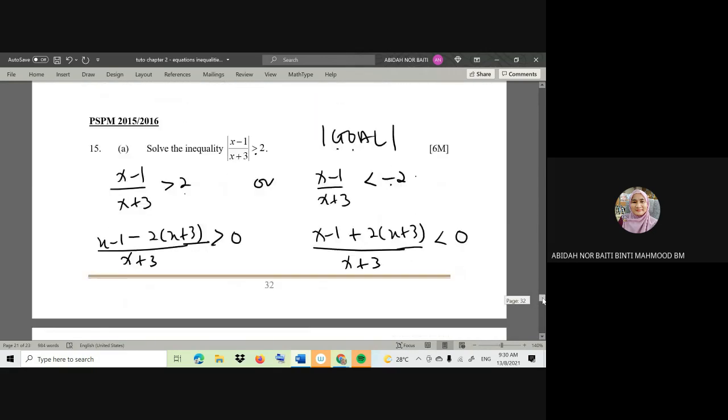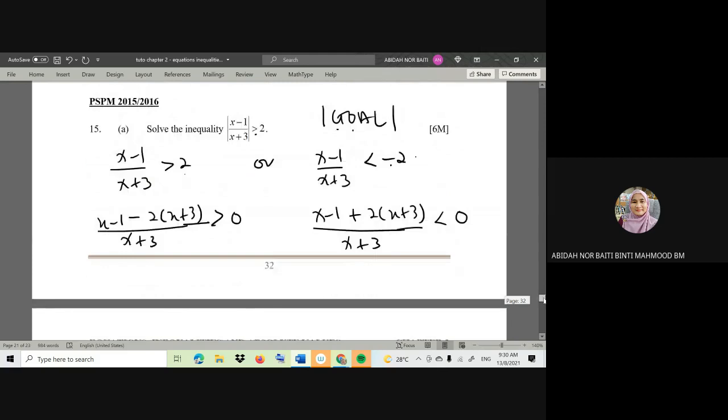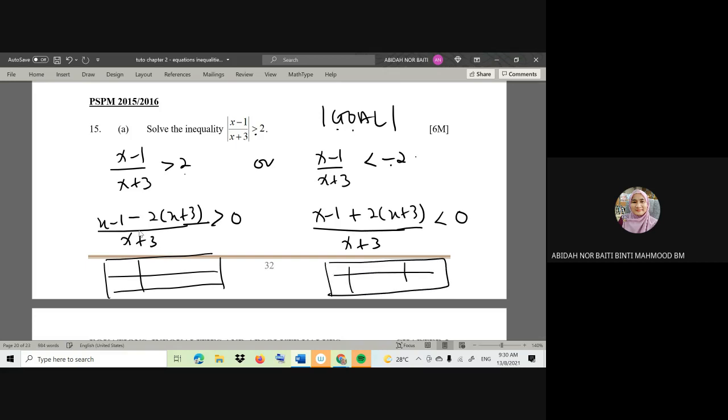Or kan, kalau or, fine. Union ya, all must shaded. Semua mesti shaded ya. So ni buatlah table, tapi kena simplify dulu. Fraction tu tak simplify lagi tu. Okay, find table, use table of sign, find your x for numerator, x for denominator. No equal sign ya, tak ada equal sign, maksud dia semua kita pakai empty circle sahaja.